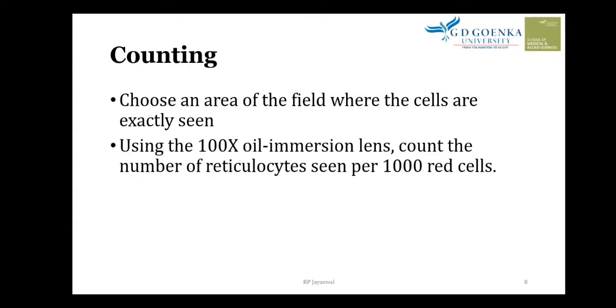Using the 100x oil immersion lens, count the number of reticulocytes seen per 1000 red cells. So we need to count 1000 red cells in different fields, and in that 1000 red cells, record how many reticulocytes you have counted.